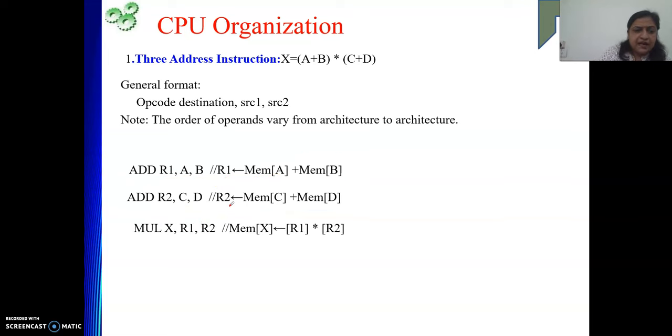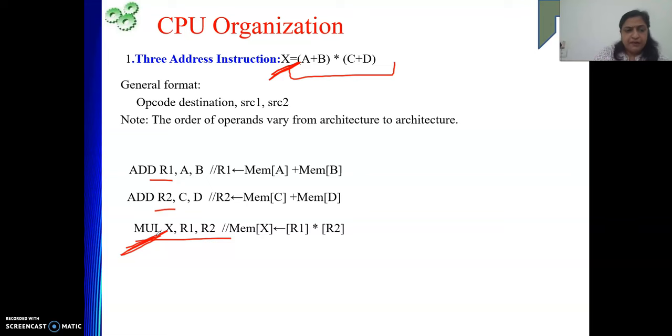Then the next is MUL X, R1, R2. The results in R1 and R2 we need to multiply, and after doing the multiplication, the whole expression will be stored into memory location X. MUL is the opcode. You can write multiply, MULT, or MUL. Why am I telling so? Because in the architecture course, we are writing instructions not for a specific architecture.